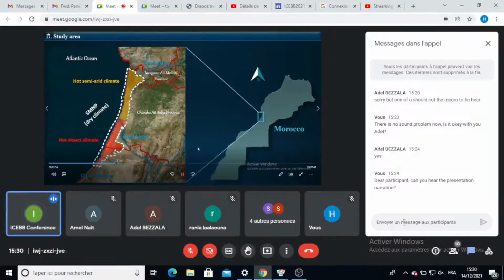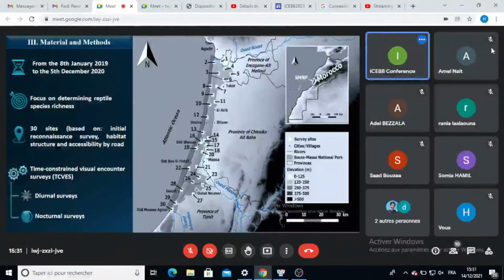This method involves an active visual search for species in a given area for a predefined period. Both diurnal and nocturnal surveys were carried out. Most sites were surveyed at least once per season, with a total sampling effort of 300 person-hours.